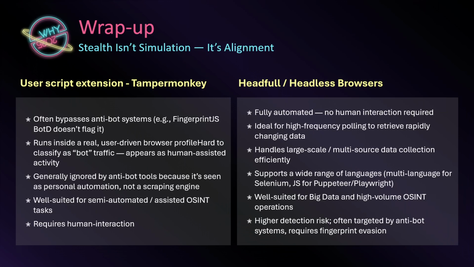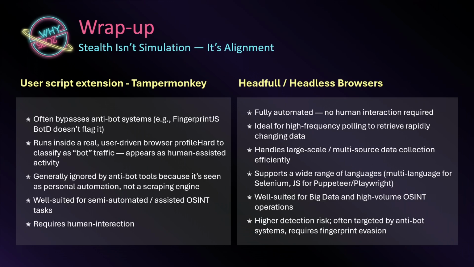It's generally ignored by anti-bot tools since it's seen as personal automation and not a scraping engine. But the trade-off is it's not fully autonomous, so it needs some level of human interaction, which sometimes can be very useful for semi-automated tasks or assisted OSINT tasks.